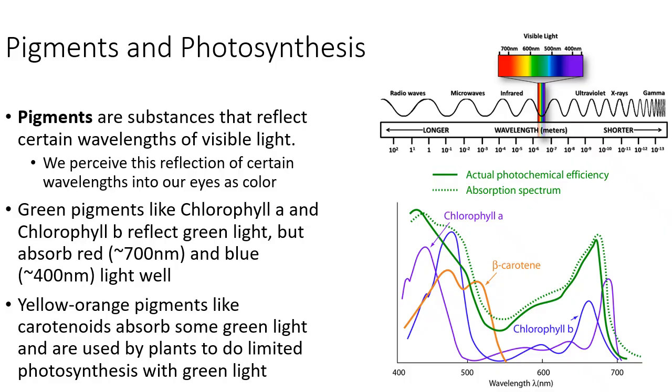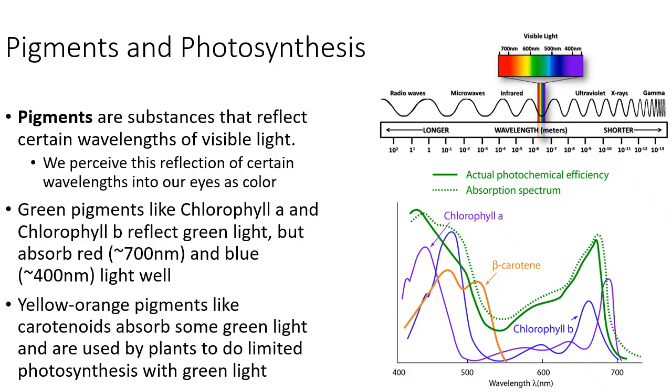Plants are not using the majority of the electromagnetic spectrum to do photosynthesis. They are using the visible light spectrum. And they are capturing energy from the visible light radiation using pigments. Pigments are substances that just reflect certain wavelengths of visible light. But it's not the reflection of light that is important here.